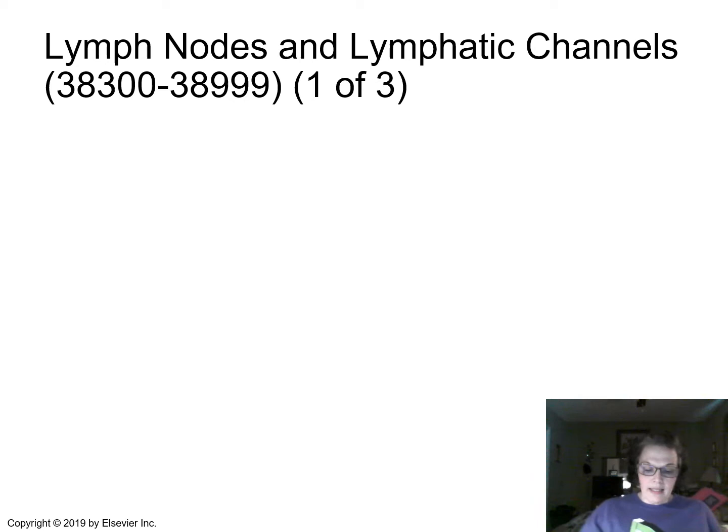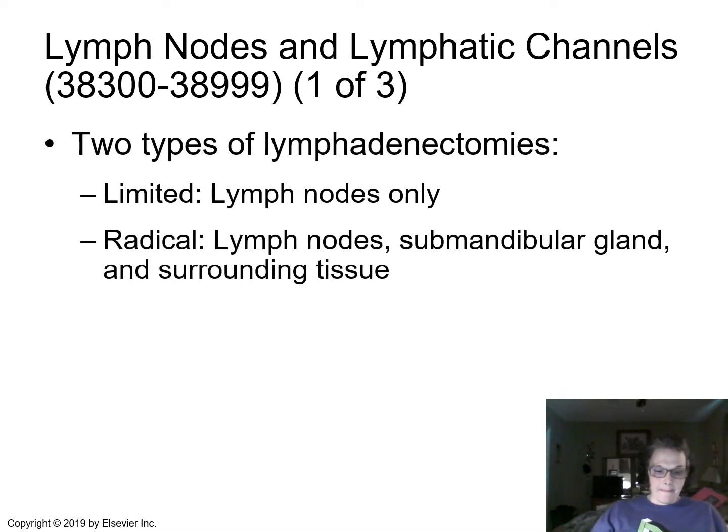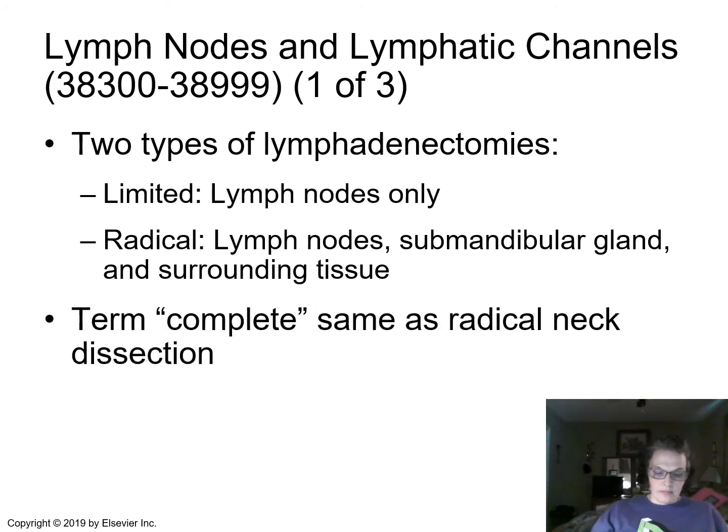Lymph nodes and lymphatic channels, 38300 through 38999. There are two types of lymphadenectomies, a limited, which is your lymph nodes only, and a radical, which is lymph nodes, submandibular gland, and surrounding tissue.